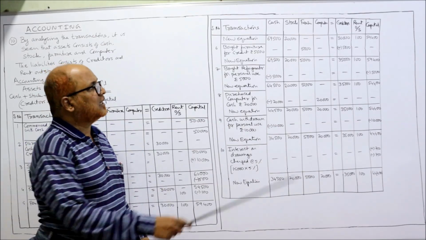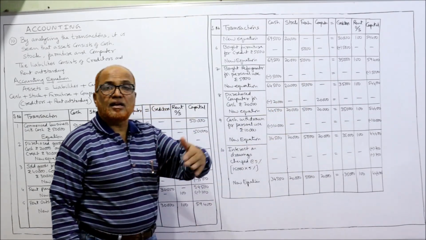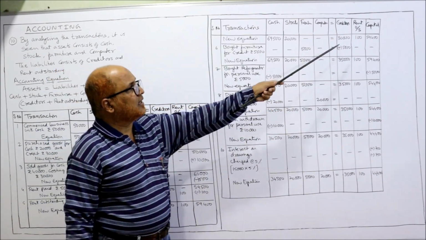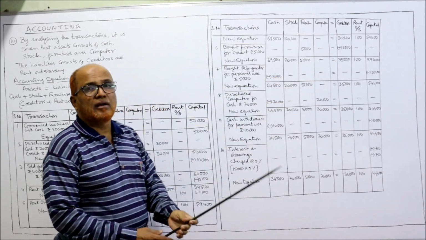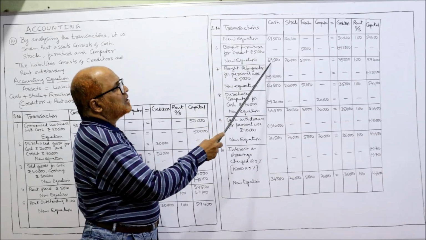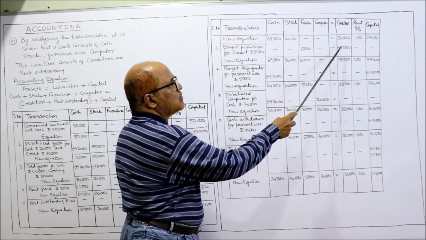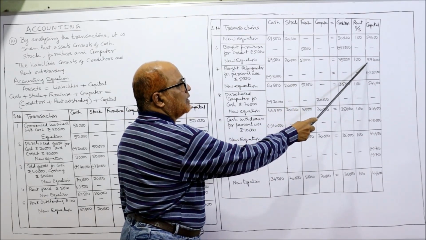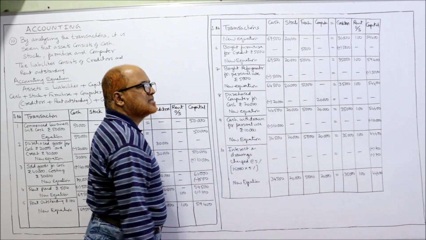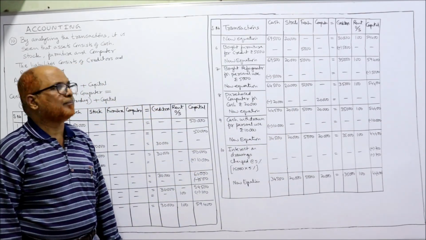So creditor, that 5,000 I am taking under creditor. So creditors are increasing. Earlier we had 30,000 creditors. Now 5,000 more creditors. So 35,000 is the creditor. Now you check 69,500, 20,000, 5,000 is equal to 30,000 plus 5,000, 35,000. Here 100, here 59,400. If you add up these three, exactly all assets will be equal to liabilities plus capital.